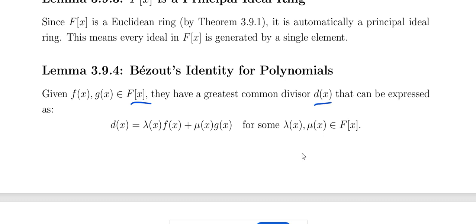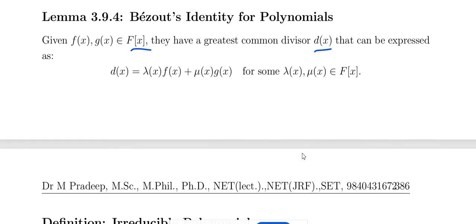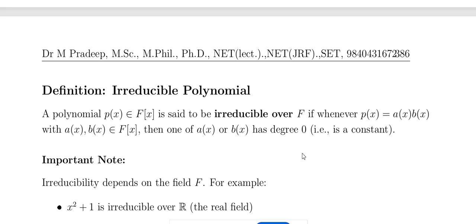Okay, d of x can be expressed in the form of, as with numbers we write lambda a plus mu b, here for polynomials we define lambda of x f of x plus mu of x g of x, where lambda of x, mu of x belong to F of x. Okay, so this is called the Bezout identity for the polynomials. Here d of x is the greatest common divisor.